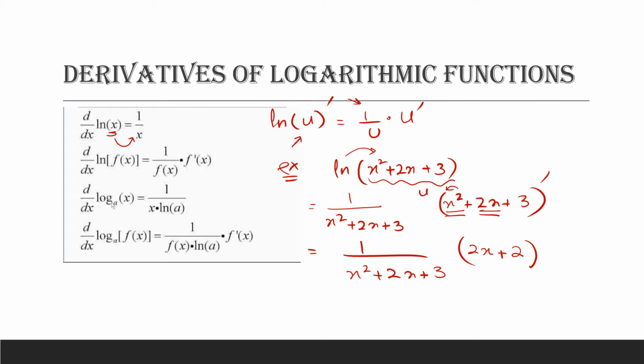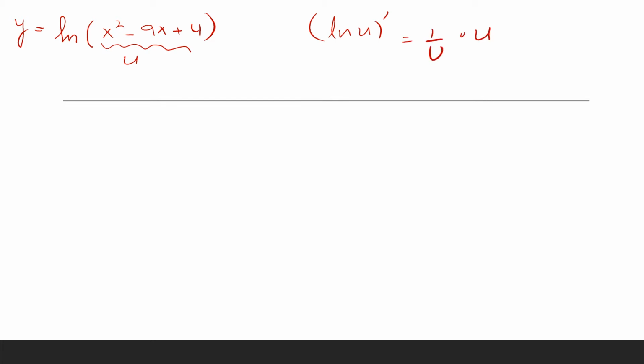For example, let's solve some examples related to the logarithm. If it is written ln of x square minus 9x plus 4, then anything which is written after the ln is your u. So the formula of ln of u is 1 over u times u prime.